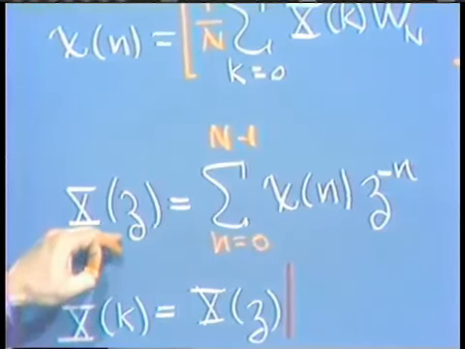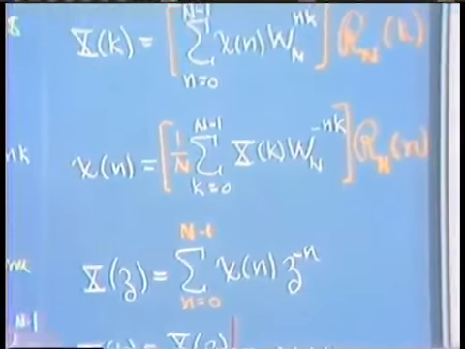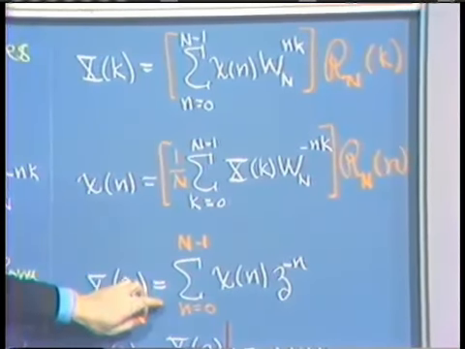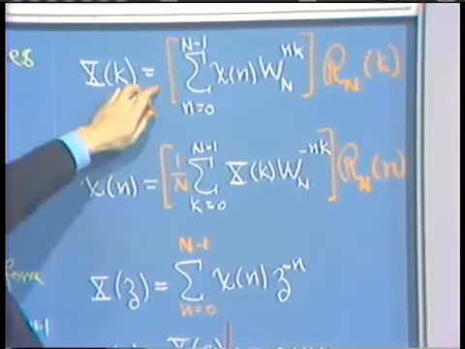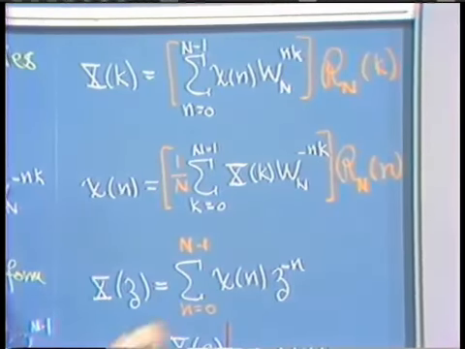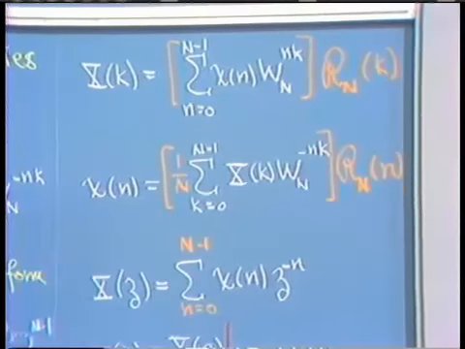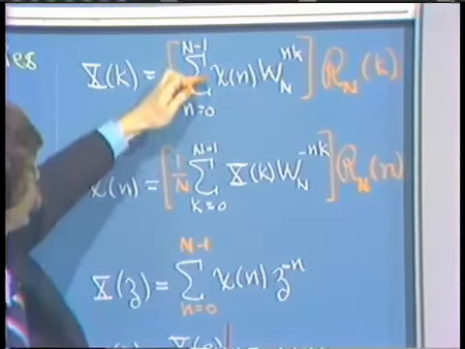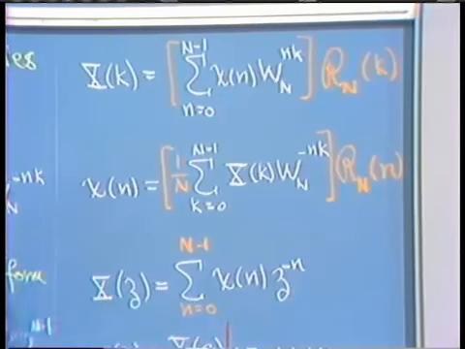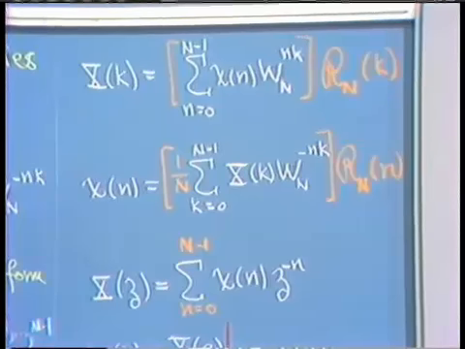Well, to relate the Z transform to the discrete Fourier transform, we simply need to compare this expression with this expression. And what we see, ignoring for a moment the capital R sub N of k, is that these two expressions are equal if we pick z equal to W sub capital N to the minus k.